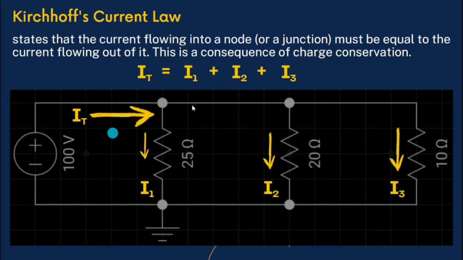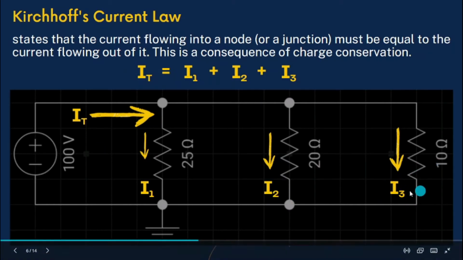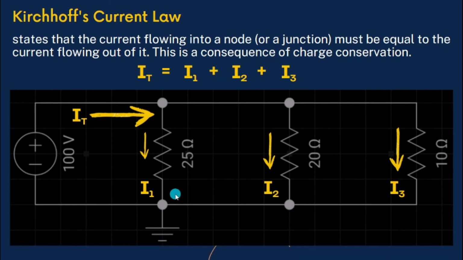And this one, 100 divided by 10, I3 will be 10 amperes. 10 plus 5 plus 4, we actually get the total current flowing into the node, which is 19 amperes. This is basically yung Kirchhoff's current law. We were able to solve the total current by adding the currents in each parallel na branch.